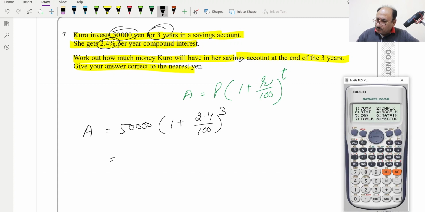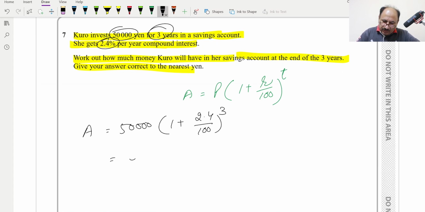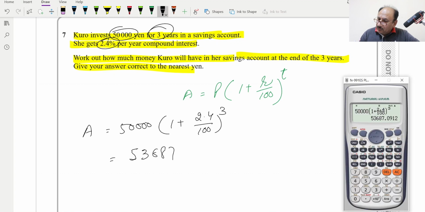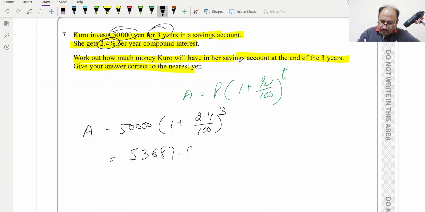So we can calculate this. 50,000 into 1 plus 2.4 over 100, bracket close, raised to the power 3 or cubed, and this is equal to 53687.09.